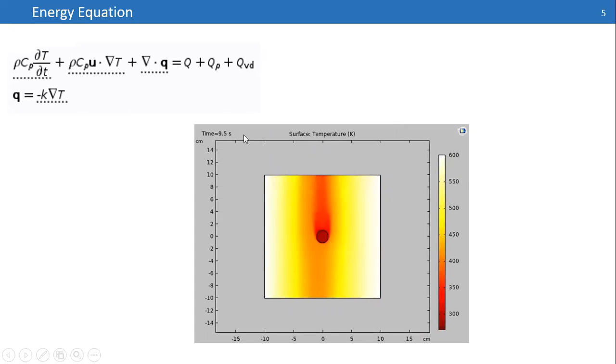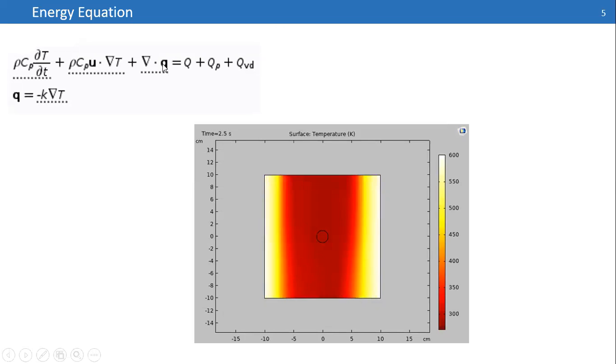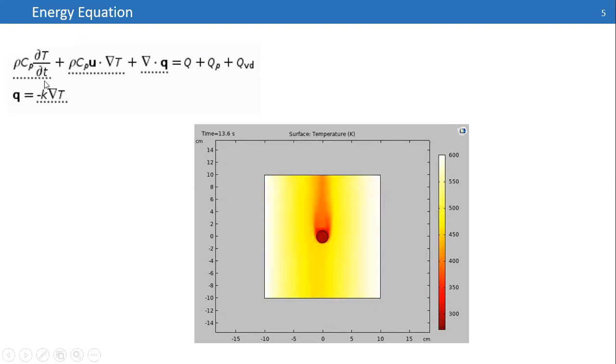For this example, we solve the Navier-Stokes equation with no-slip boundary condition on these walls, and no-slip boundary condition on the surface of your particle, and the flow is moving up, and temperature is penetrating inside your system, and you use this equation to calculate the temperature.